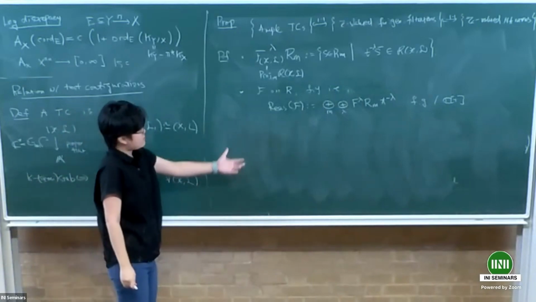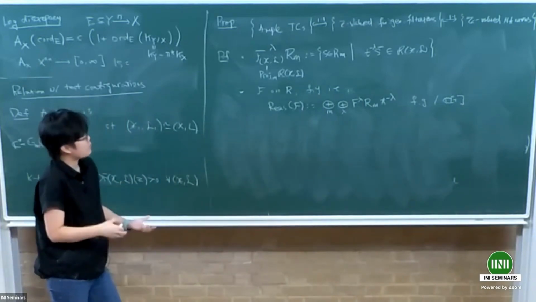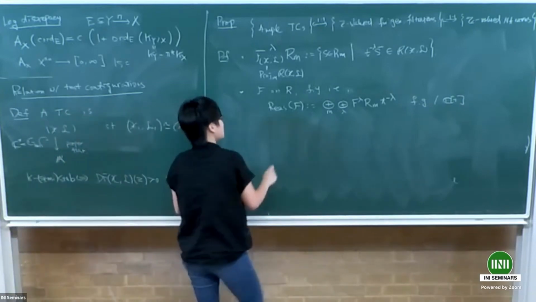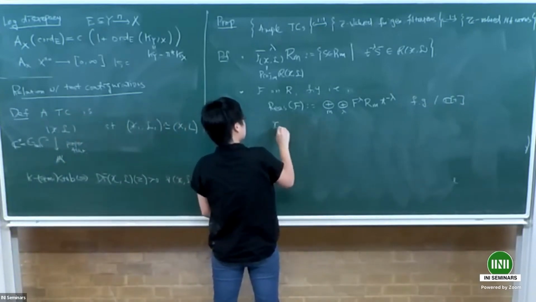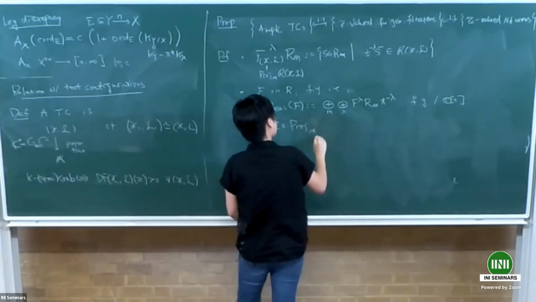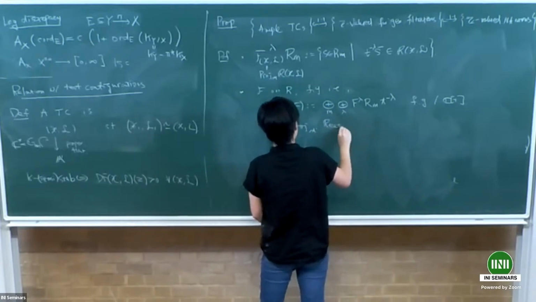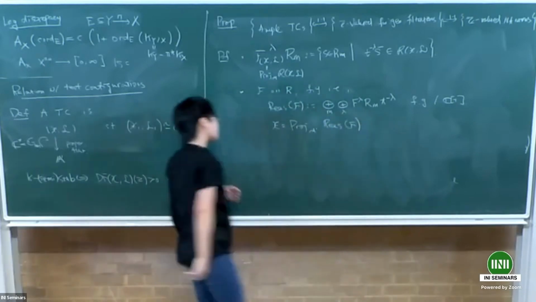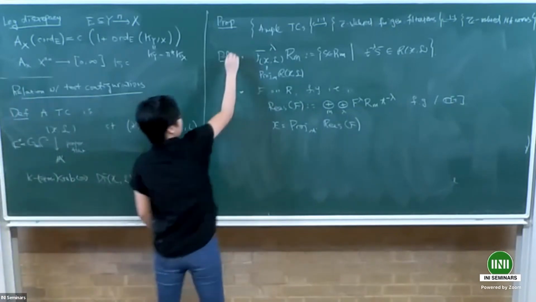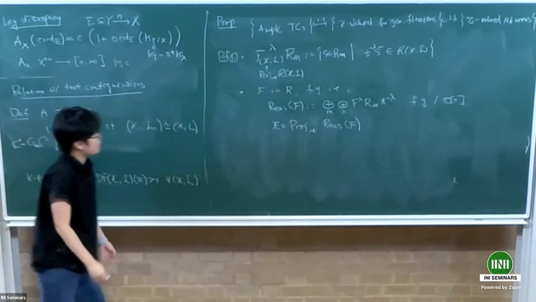Then you can just cook up a projective variety by doing the relative Proj. So in this case, the test configuration is recovered by doing the Proj over of this Rees algebra. Okay. So this is the first one-to-one correspondence.